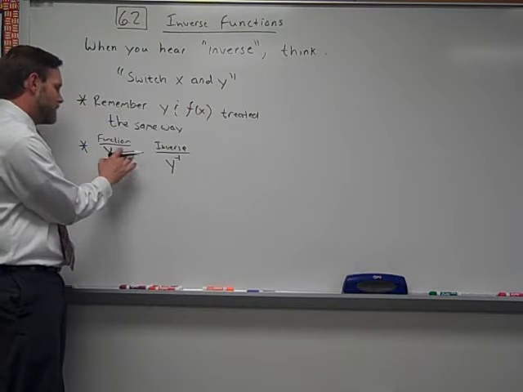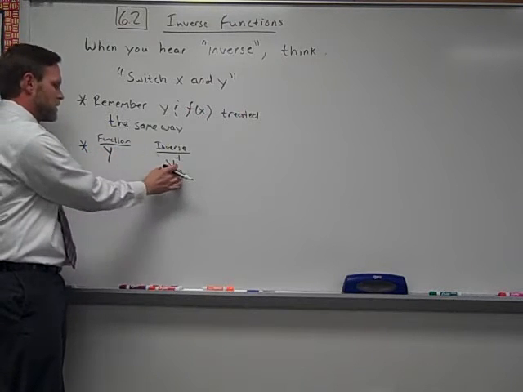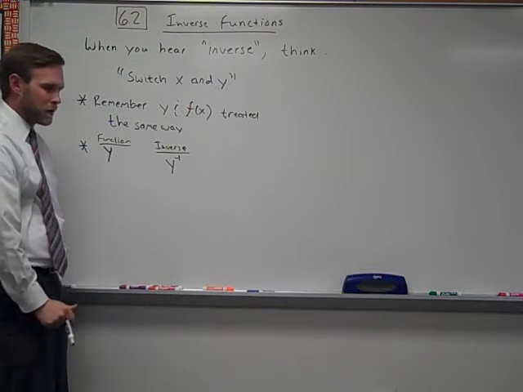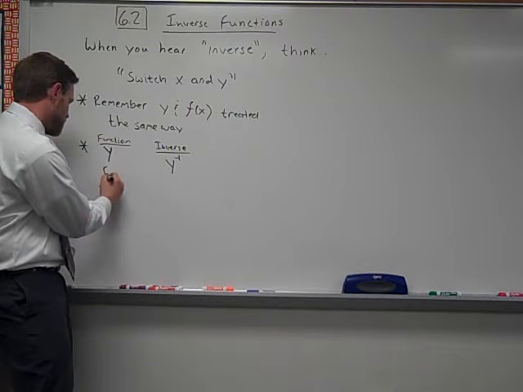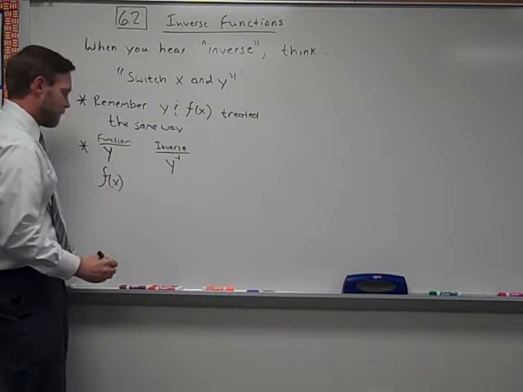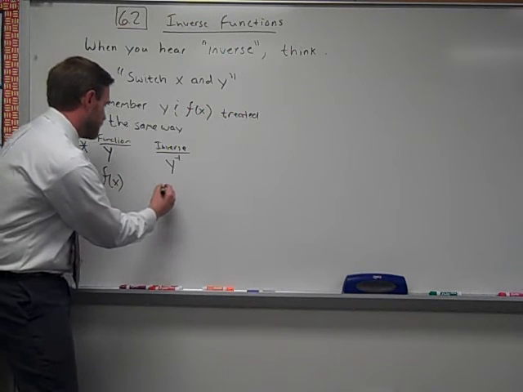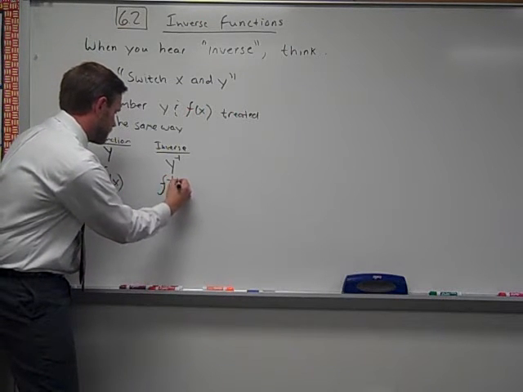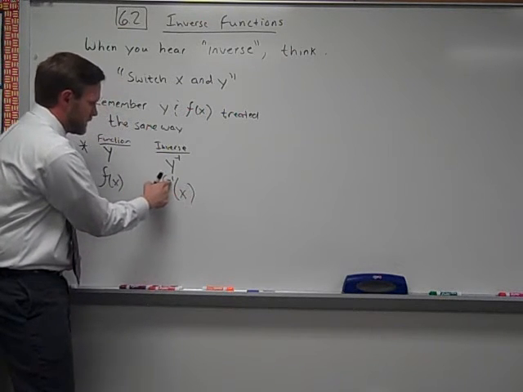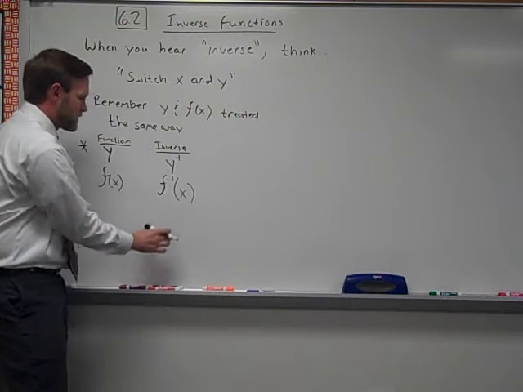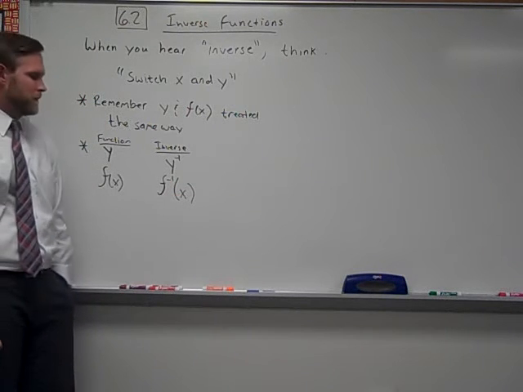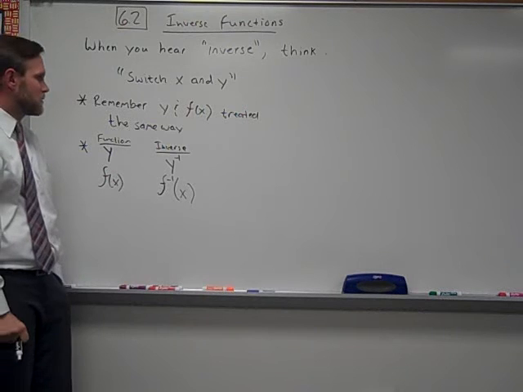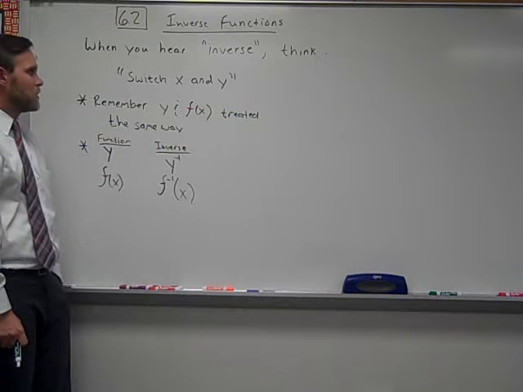So y is the original function, y to the negative 1 power would be the inverse. If we used function notation, f of x would be the function given for you, and the inverse would be f to the negative 1 of x. We'd read that as the inverse of f, the inverse of f of x, to be more specific. So that's kind of the basics.